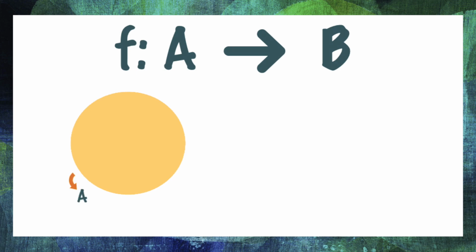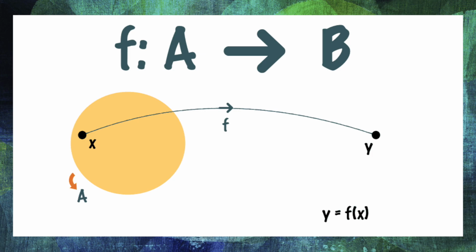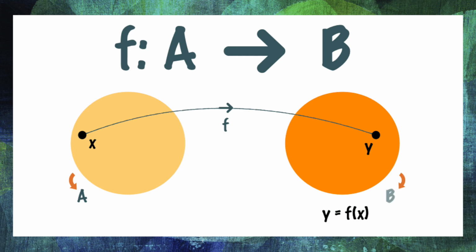Let A be some set, and we take an element x in general from our set A and apply f. So what do we get? f of x. Say that element is y, and we collect all such possible elements, and we have set B, which will be called our range.